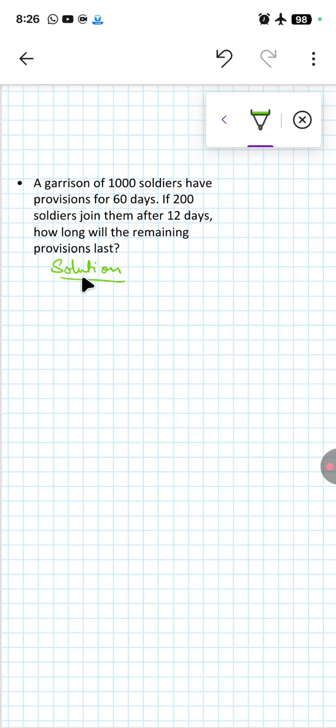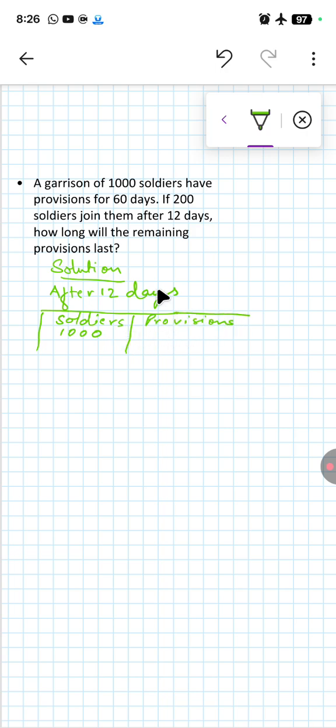The condition is, after 12 days, the soldiers in the garrison, if there are 1,000 soldiers in the garrison, then there is provisions for how many days now?